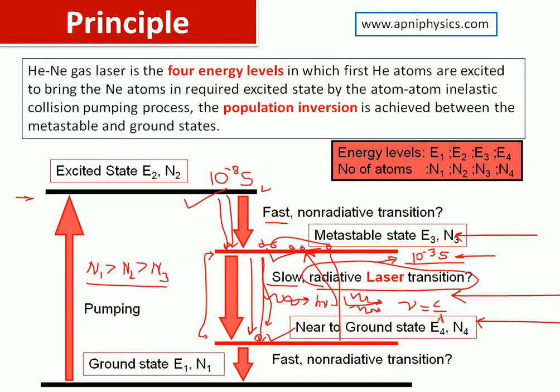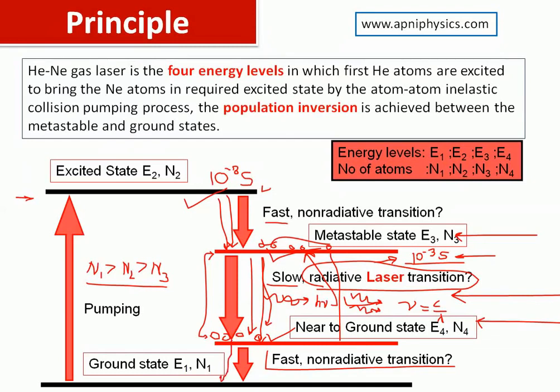This energy level E4 is very close to the ground state, right? And so this is known as the non-radiative transition and fast transition.